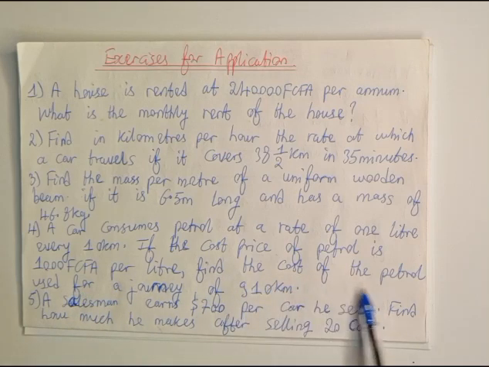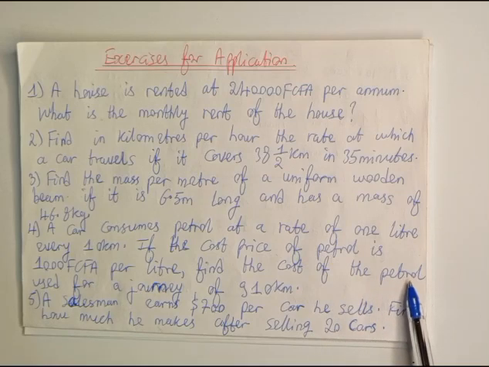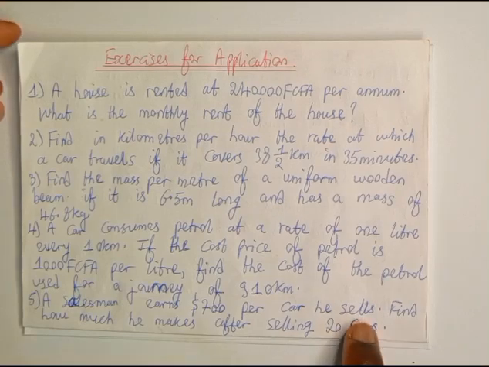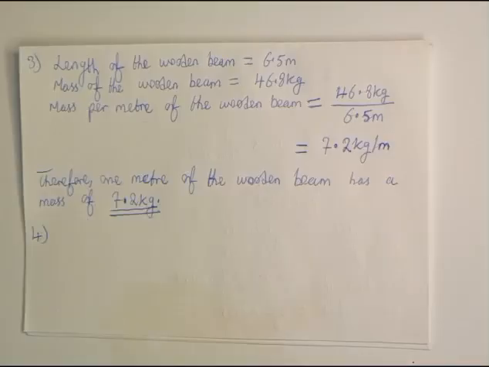Find the cost of the petrol used for a journey of 910 kilometers. We have to find the cost of petrol that will be used for a journey which is 910 kilometers. Let's first of all start by writing out what we have been given in the problem.